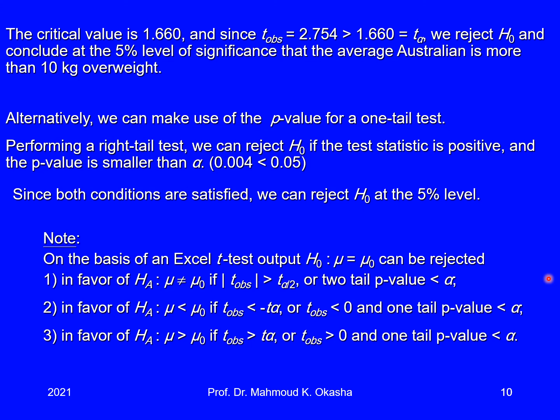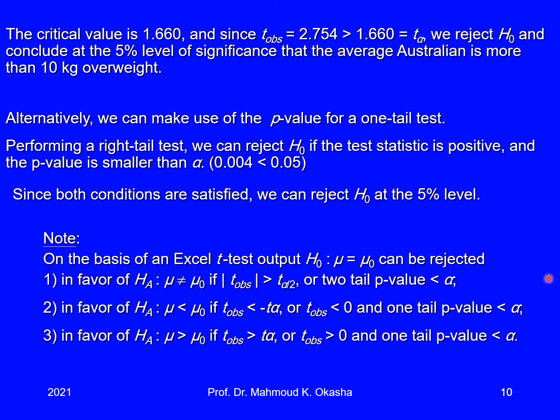The second case, in favor of the alternative hypothesis HA, mu less than mu naught, if the observed t is less than minus t alpha, or observed t is less than 0 and the one-tail p-value is less than alpha.